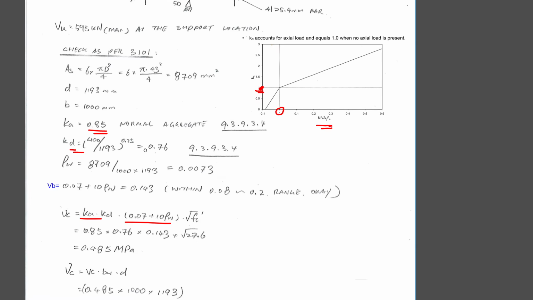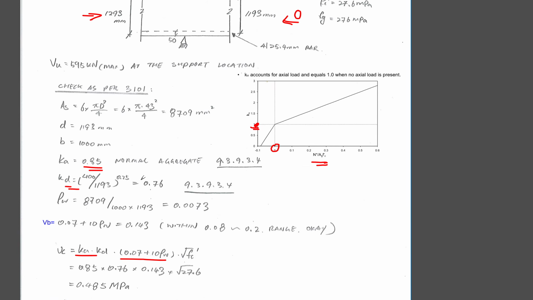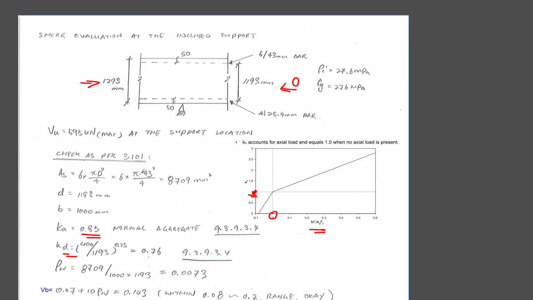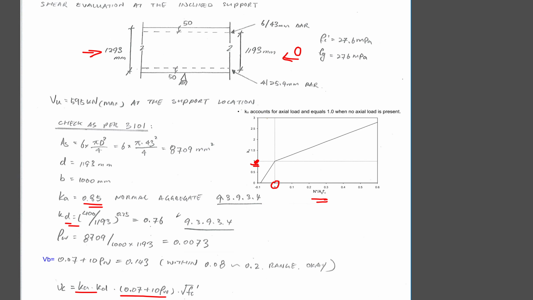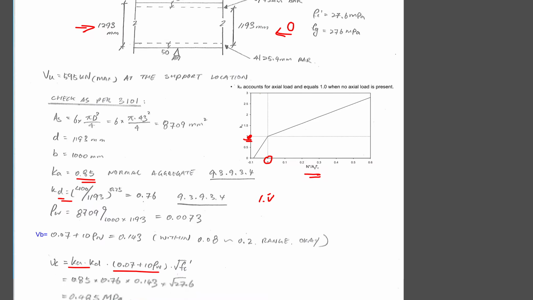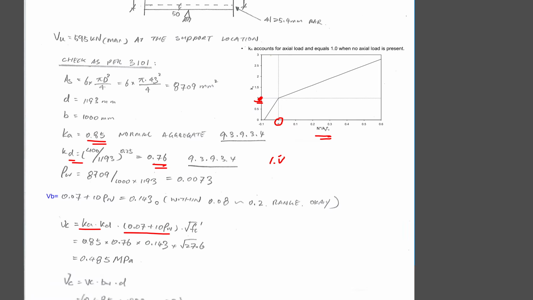That accounts for the depth. However, if you have at least the nominal shear reinforcement in your concrete, your Kd factor instantly becomes 1 as well. But in this case we don't have any shear reinforcement, so we go a little bit deeper, using the empirical method to find the Kd factor that accounts for the depth without any shear reinforcement, and it gives me 0.76.